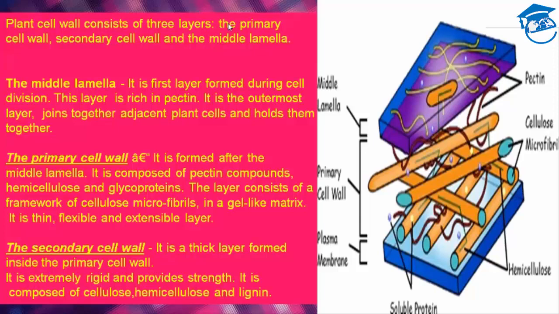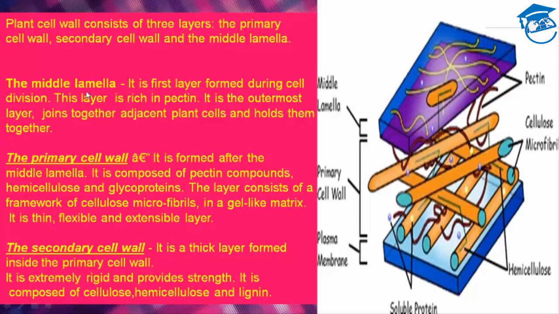And students, please note that the cell wall of a young plant cell, that is the primary cell wall, is capable of growth, which gradually diminishes as the cell matures. And the secondary wall, which we have just talked about, is formed on the inner side, towards the membrane side of the cell.